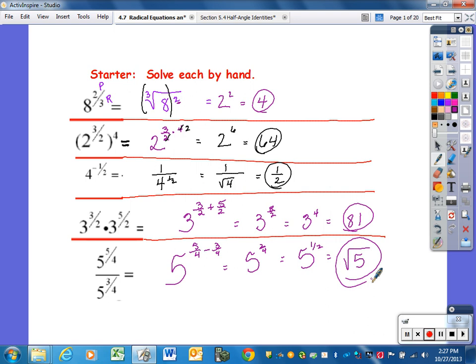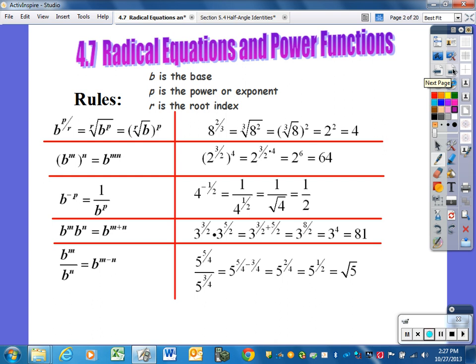So on the next slide, you're going to see all of these rules in general terms with the problems we just solved. We said when we have a base to a power over root, it means to take the root of the base raised to the power and always solve the root part first, then raise it to the power.